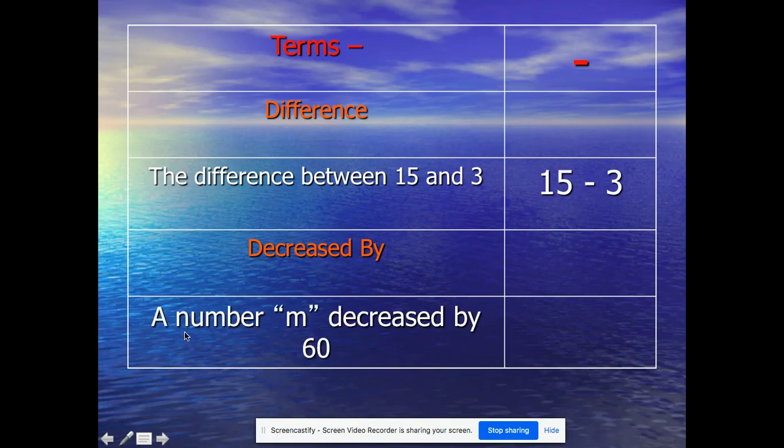Decreased by: a number m decreased by 60 would be m minus 60. And again, up here it says do not flip. So with the words difference and decreased by, we know that we are using subtraction, and we are going to mirror or mimic the location of the values where they are in the expression.